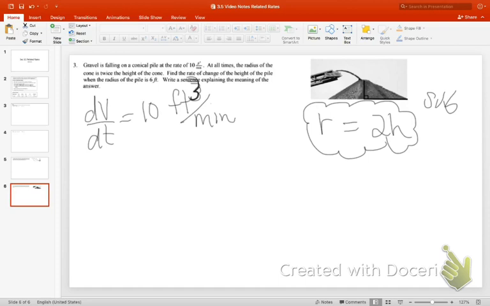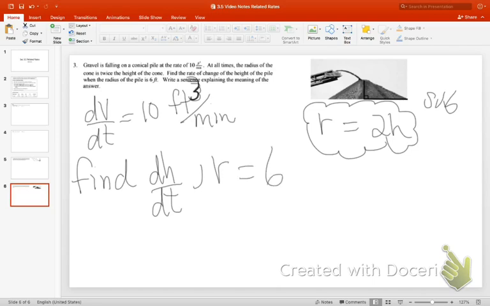Find the rate of change, so I'm looking for a derivative, of the height. So I need to find dh/dt of the pile when the radius of the pile is 6 feet. So this is when r equals 6. Write a sentence explaining the meaning of the answer.